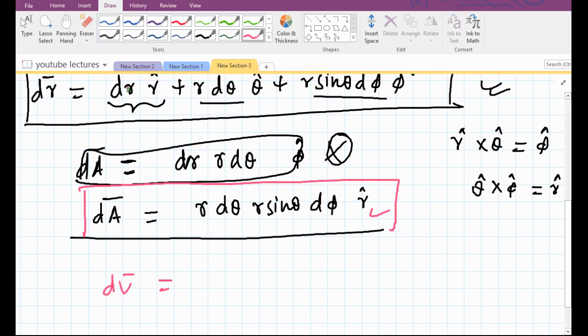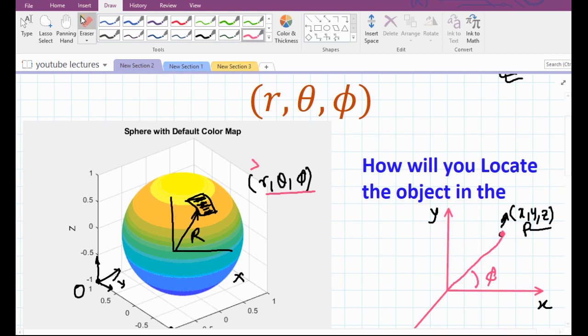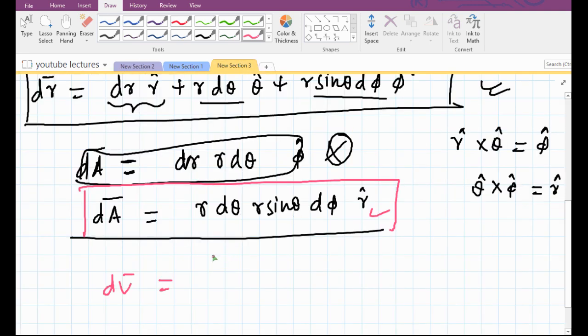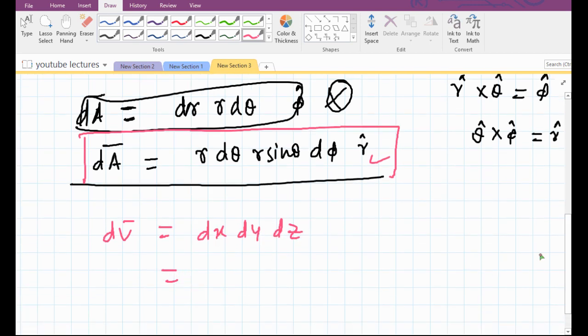Now what happens to the volume element? Here again I have this sphere. What would be the volume? The volume is something like that. The volume can be written in terms of r, theta, and the projection on this plane, so this is my phi. Like dV, I can use dx, dy, dz in the Cartesian coordinate system, and the same thing I can use here.